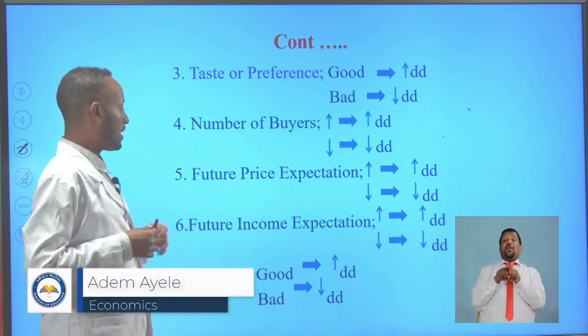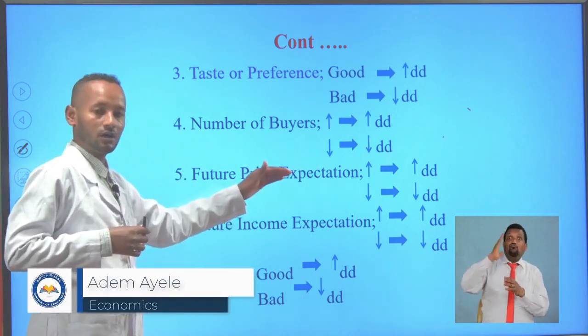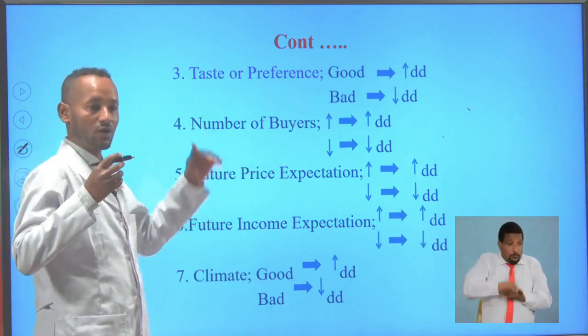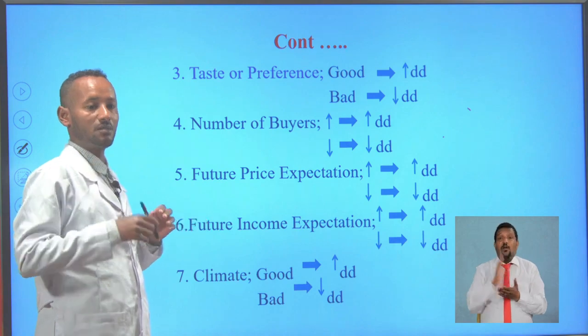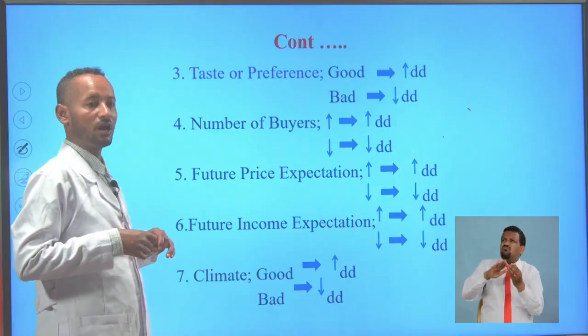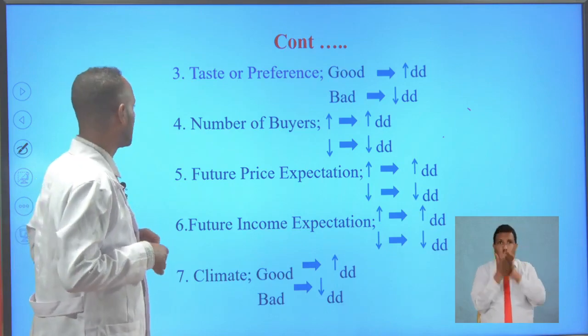Similarly, if you expect higher income in the near future, then the demand for a commodity will increase, and if you expect lower income in the future, then the demand for a commodity will decline. Again, there is a direct relationship between the changes in the direction of future income expectation and the demand for a good. Climate is another determinant. If there is good climate, then the demand for a commodity will increase, and with bad climate conditions, the demand for a commodity will decline.